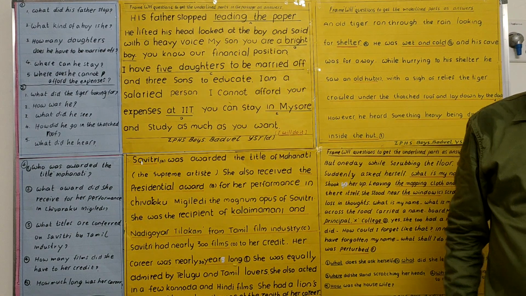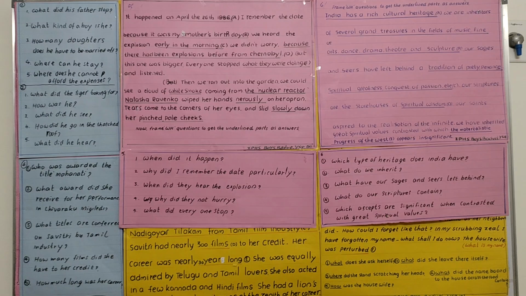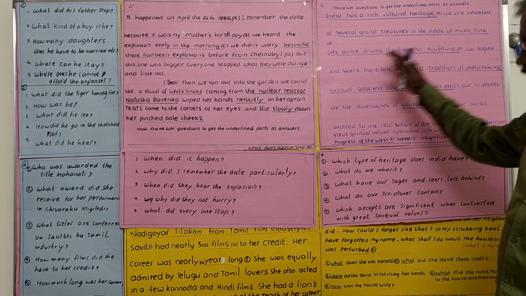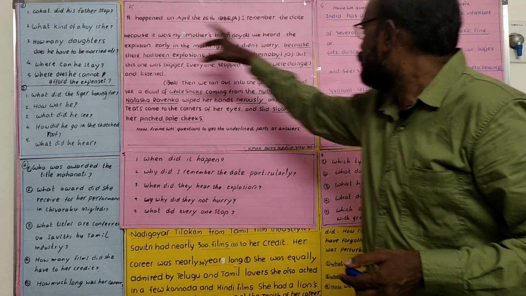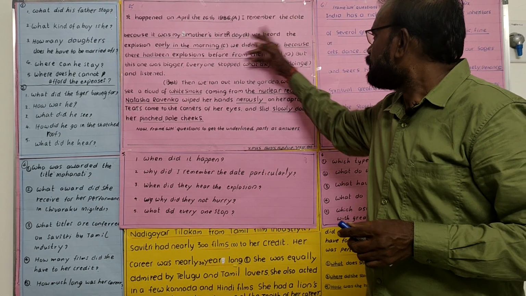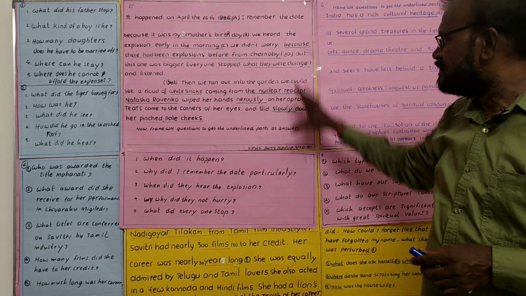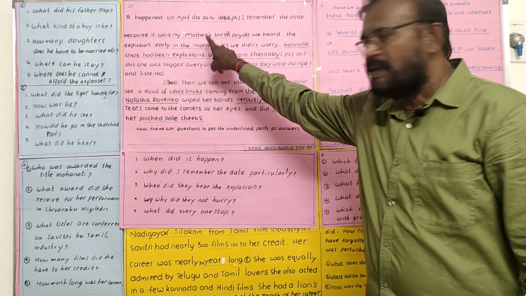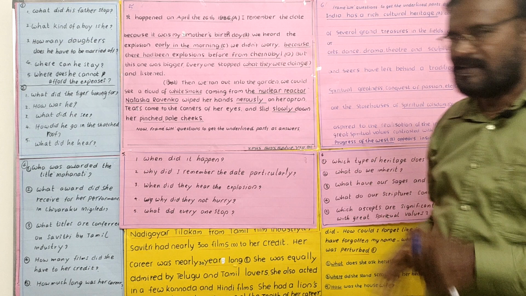See some more paragraphs. See these two paragraphs. It is from the 5th unit and it is from the 6th unit. Here some parts of their sentences are underlined. We have to frame WH word questions in order to get these underlined parts as answers.